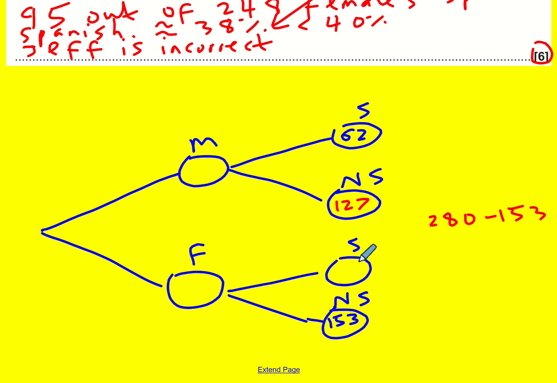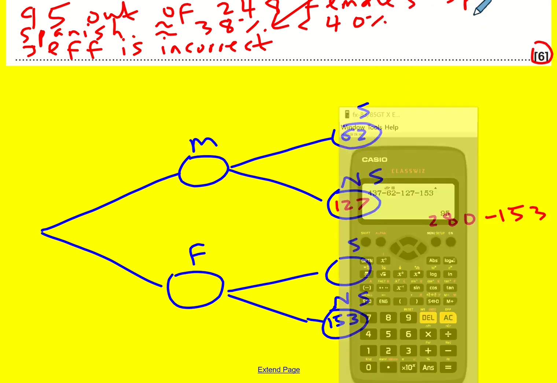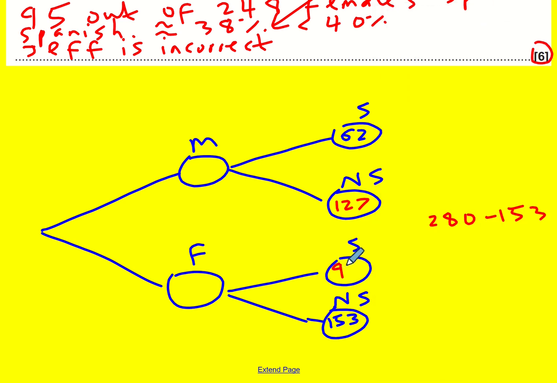And then I know my total number of people, so I can do 437 minus 62 minus 127 minus 153, and that gives me 95, the number of females who speak Spanish.